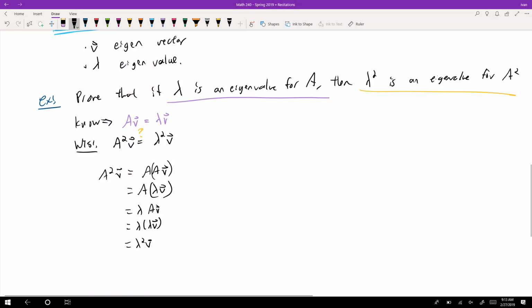Okay? So now we've shown that A squared v is equal to lambda squared v, and therefore lambda squared is an eigenvalue for A squared. All right? Do you see how we're supposed to play around with this definition? You'll have some things to try. All right, homework.